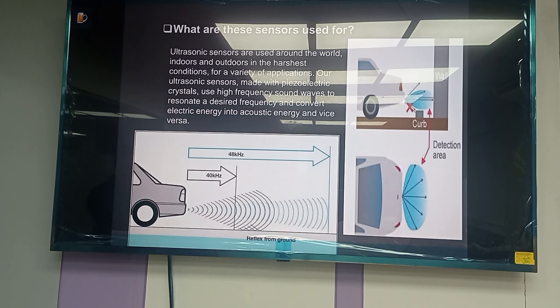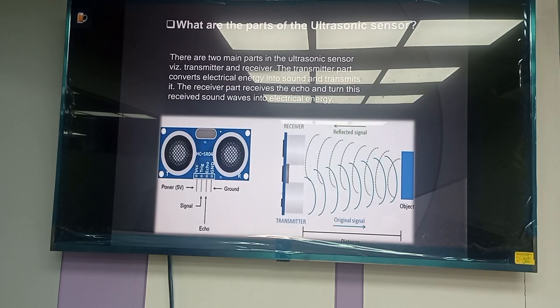Now our group member Didarul will describe the next part. Thank you, Sabbir. What are the parts of the ultrasonic sensor? On the left side, one ultrasonic sensor HC-SR04 has 4 pins: 1 VCC pin, 5 volt, 1 ground pin, 1 trigger pin, and 1 echo pin.